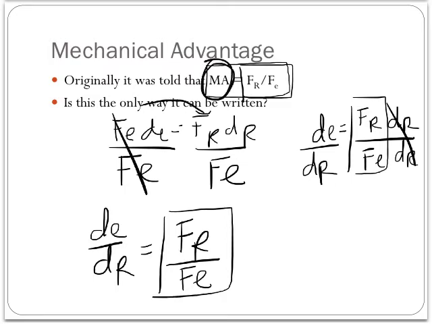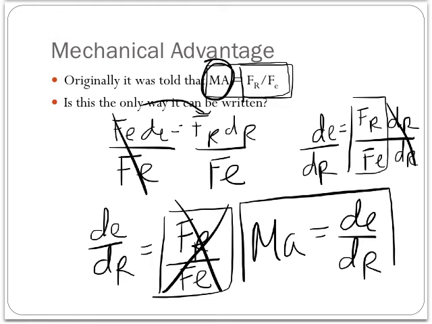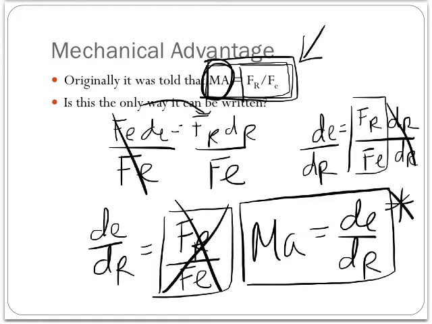So we can replace that with MA. And that tells us that mechanical advantage is also equal to DE, your effort distance, divided by your resistance distance. Okay, so there's 2 ways to calculate mechanical advantage. And that's the one you already learned, and then this new one that we rearranged for.